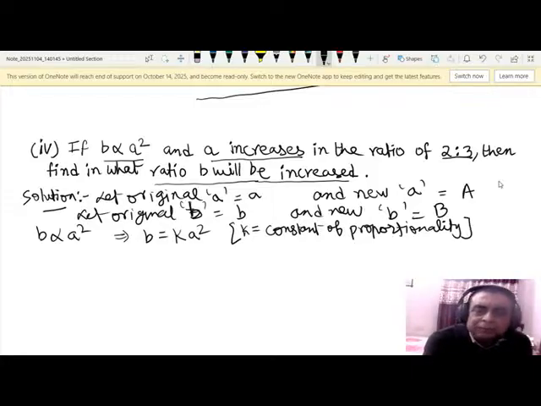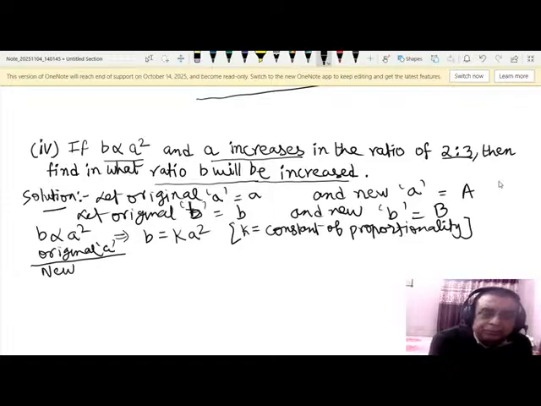Now, we are told in the question that a increases in the ratio 2 is to 3. That is, the original a value divided by the new a value is 2 by 3.